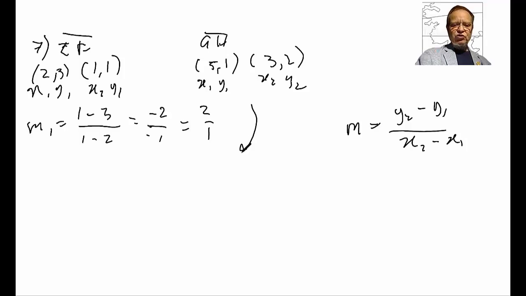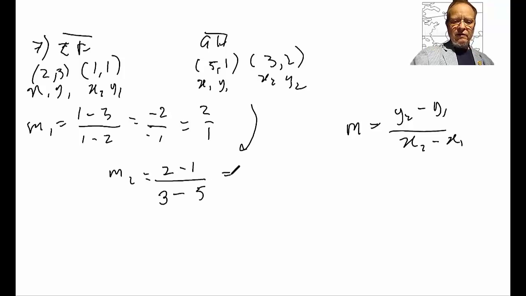Now for GH, we'll call that m2. And we have 2 minus 1 divided by 3 minus 5. Well, 2 minus 1 is 1, and 3 minus 5 is negative 2, which we can write as negative 1 over 2.